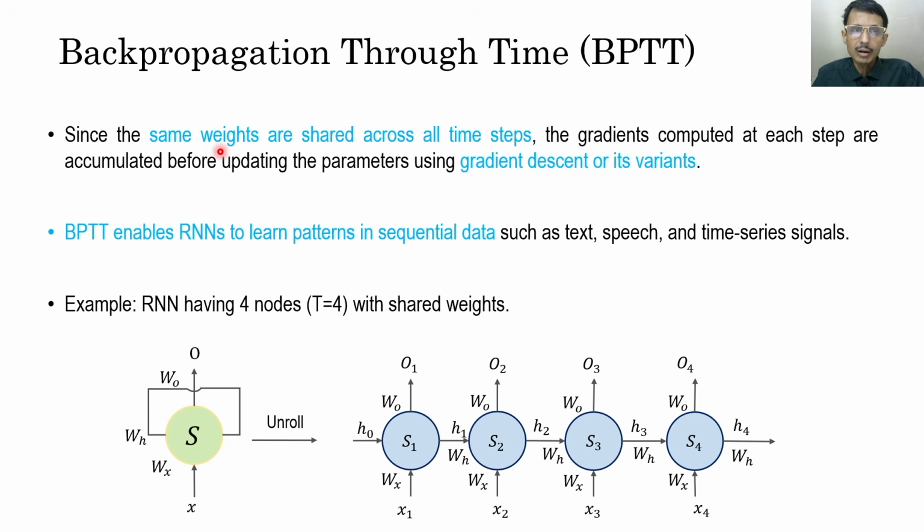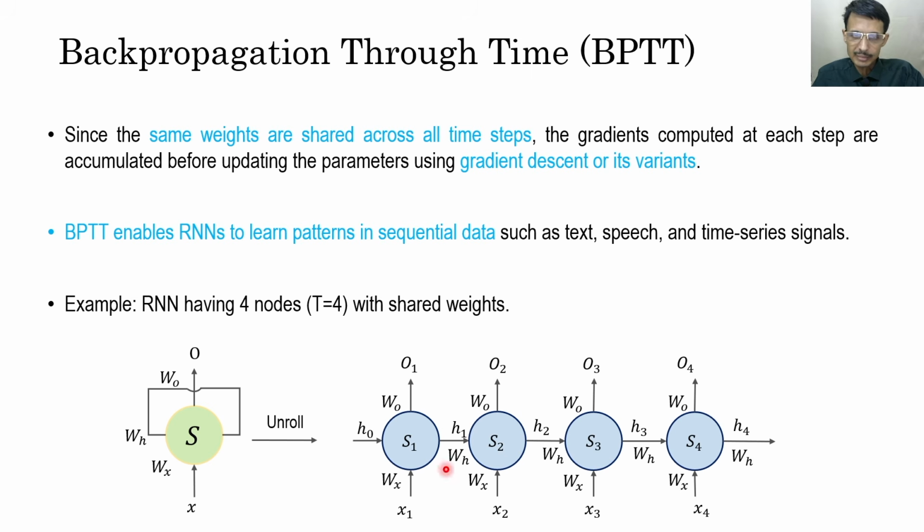This BPTT, or backpropagation through time, enables RNN to learn patterns in sequential data such as text, speech, time series, etc. Now our hypothetical example RNN structure has 4 nodes, as t is equal to 4, with shared weights.